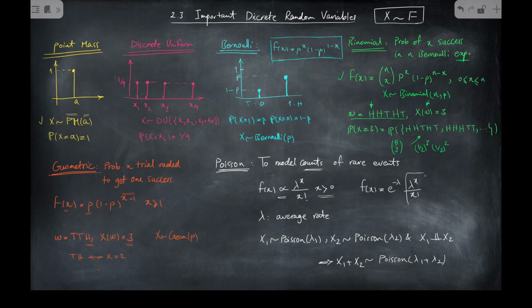Again, this is the part that depends on x, so this is some function of x, and this part is not a function of x. This is just for normalization, which ensures that summing over all of the x's is going to be 1.